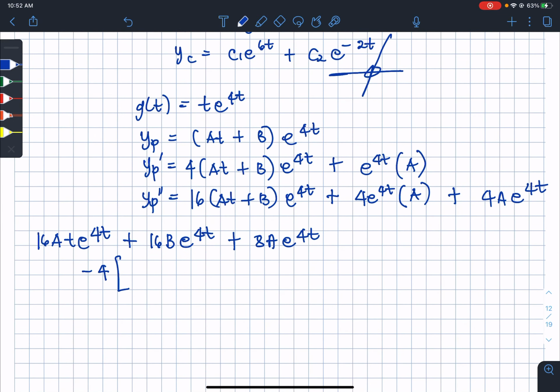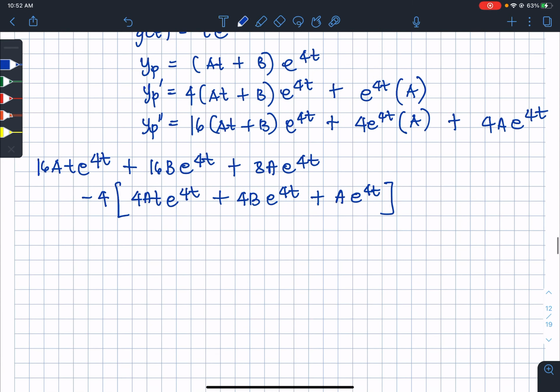Again, I'll distribute this one: 4at e raised to 4t plus 4b e raised to 4t plus a e raised to 4t.